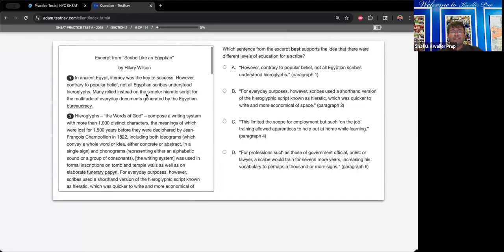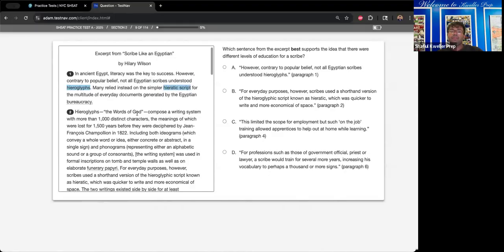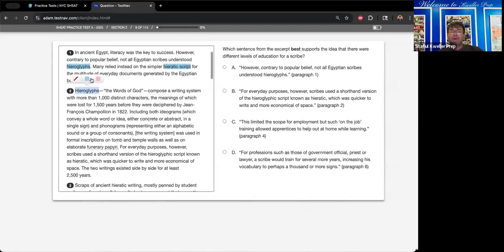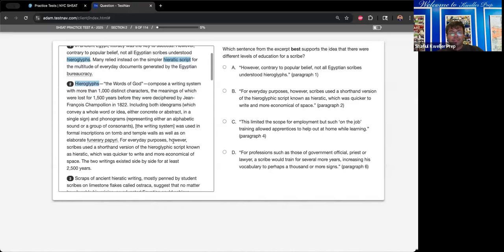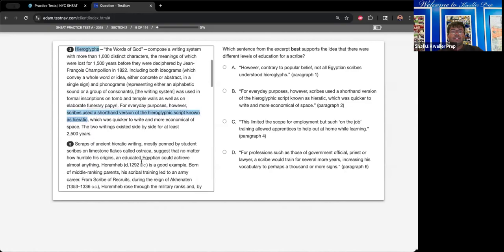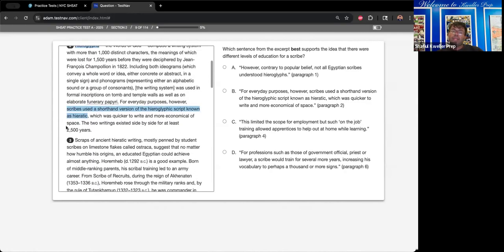This one talks about the difference between hieroglyphs and the hieratic script. I'm going to bold those. Here it talks about hieroglyphs and the history behind it, and then how people use hieratic for a shorthand version, which is quicker to write and more economical in space.